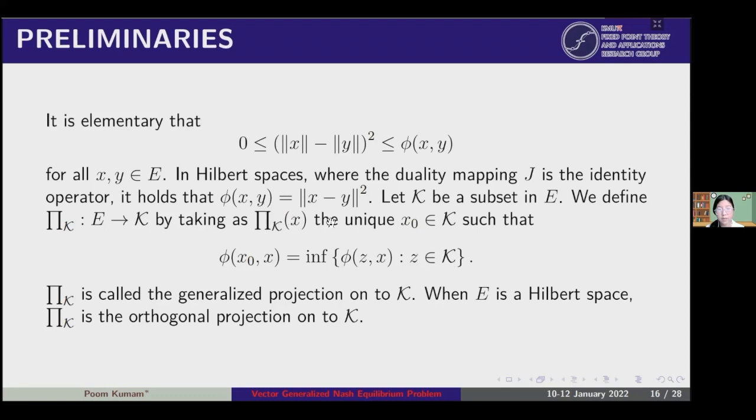We have that there is a unique X0 from the set K such that phi of X0 and X is the infimum of the set of phi of C and X, where C belongs to the set K. This one is called the generalized projection onto the set K. Moreover, when E is a Hilbert space, this generalized projection is the orthogonal projection onto the set K.